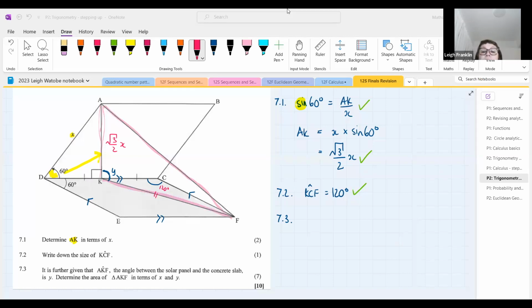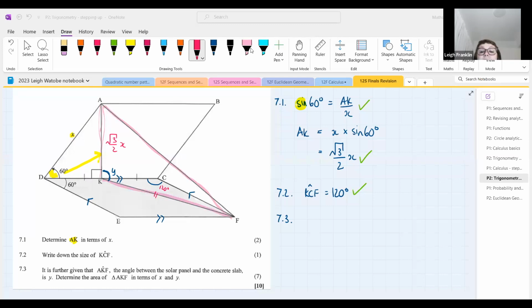Okay, so CF equals. Kamogelo, don't worry, we're going to do it step by step. DC is the same as CF.